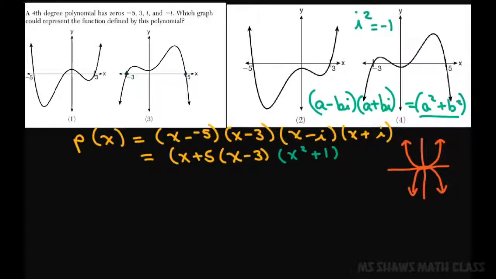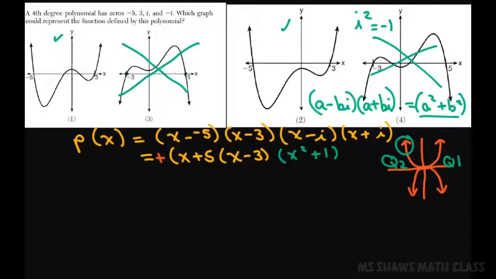It opens down if it's negative, but ours is positive. So our end behavior is that it's going to start in quadrant, if you're graphing from left to right, we're starting in quadrant 2 and we're ending in quadrant 1. So that would be either this graph or this graph. So these two graphs are not it.